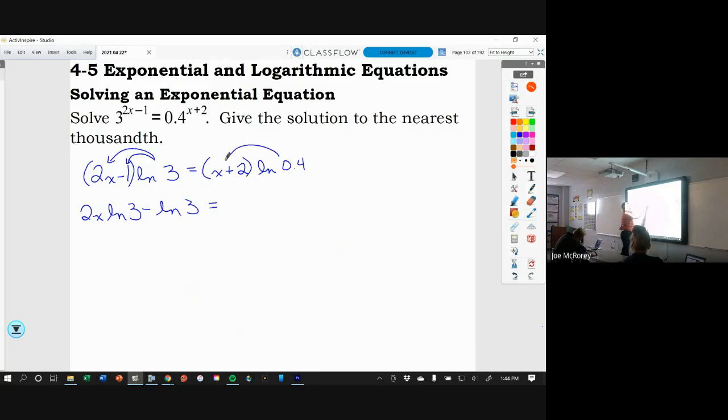Equals, on the right side, same thing. I'm going to distribute the natural log of 0.4, which gives me x natural log of 0.4 plus 2 natural log of 0.4. I don't know if I'm speaking to anybody specifically in this class, but if you're one of those lazy people that doesn't write the 0.4, you need to be careful.